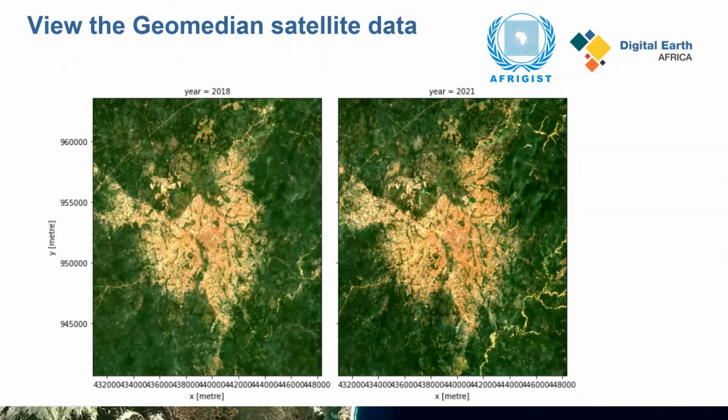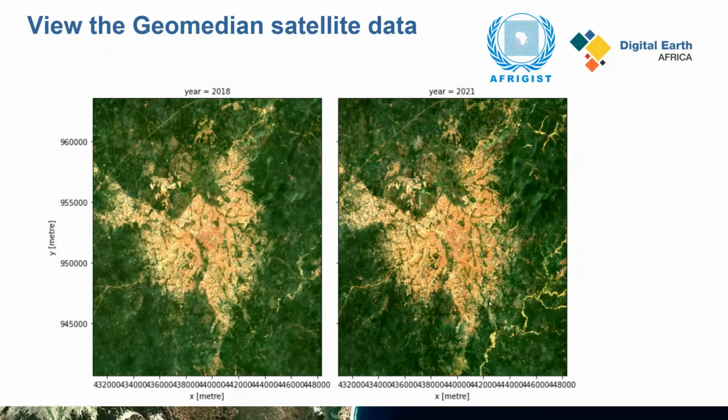You will notice that in 2018, you can see here the urban extent. And in 2021, you should notice that around this area, you could see new construction, new development, compared to 2018, which is a little bit dry.